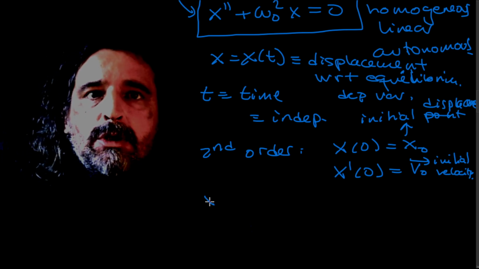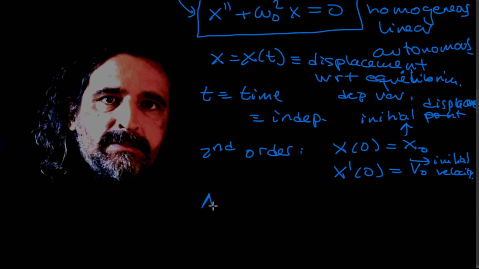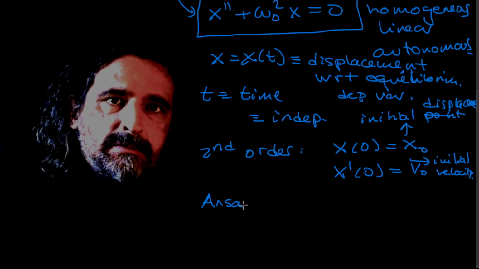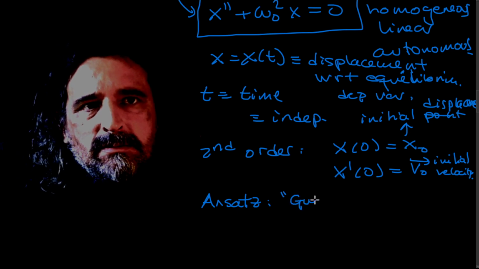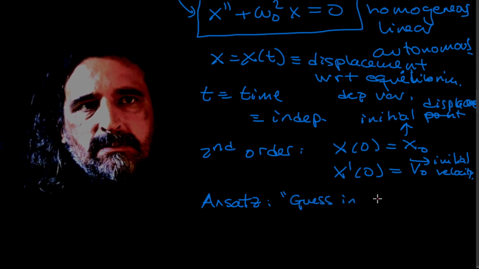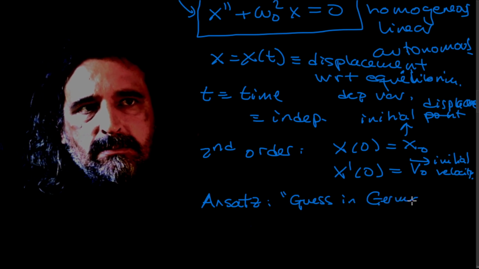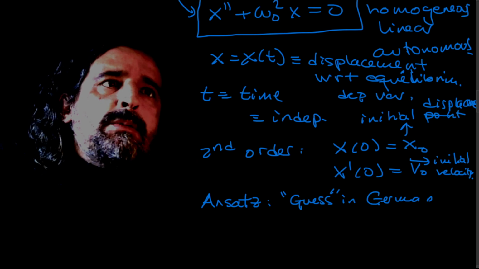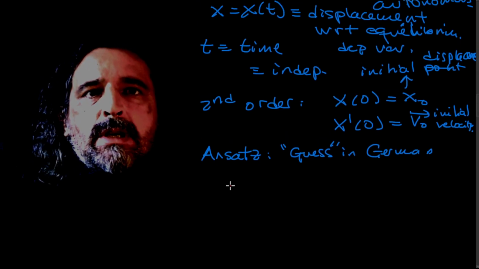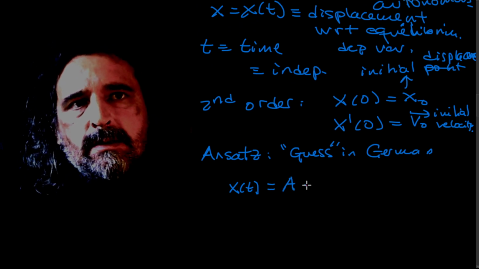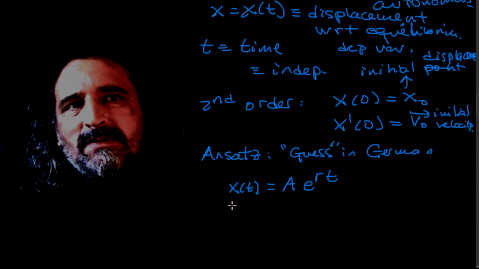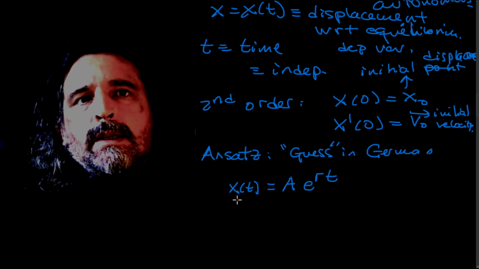It's going to be what we call an ansatz, which means guess in German. We are going to assume that our solution x of t is some constant a times e to the rt.